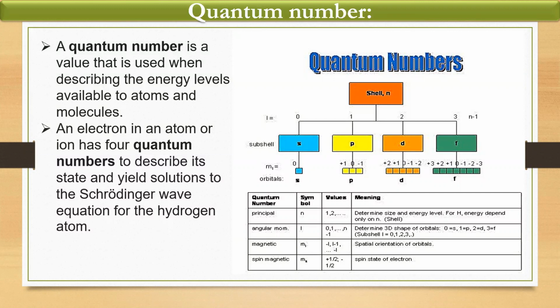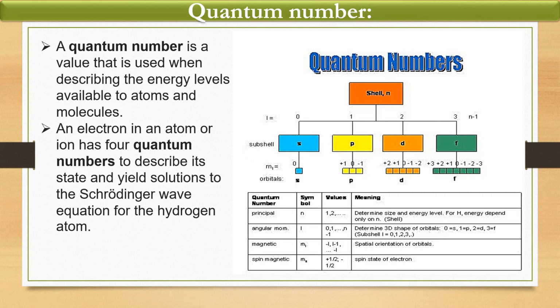An electron in an atom or ion has four quantum numbers to describe its state, and these are solutions to the Schrodinger wave equation for the hydrogen atom that we have seen in the previous video, that is Hψ equals Eψ. The quantum numbers define the orbitals s, p, d and f.